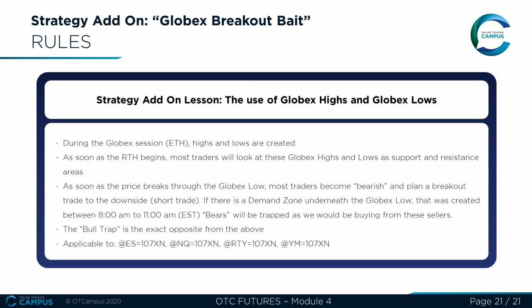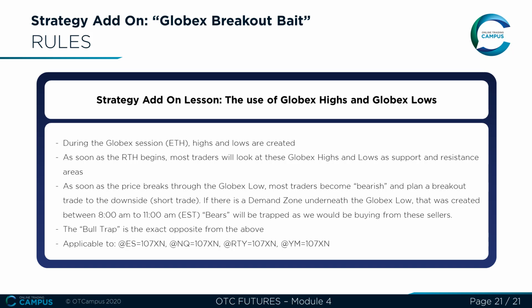More summary here. So during the GLOBEX session, highs and lows are created. As soon as the regular trading hours begin, most traders will look at these GLOBEX highs and lows as support and resistance areas. As soon as the price breaks through the GLOBEX low, most traders become bearish and plan a breakout trade to the downside, a short trade.